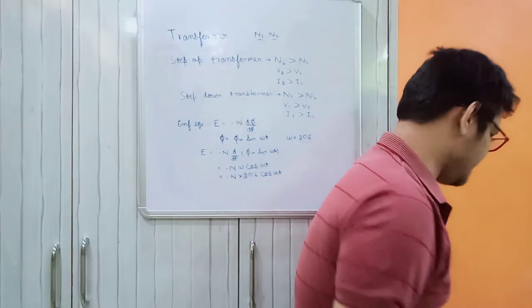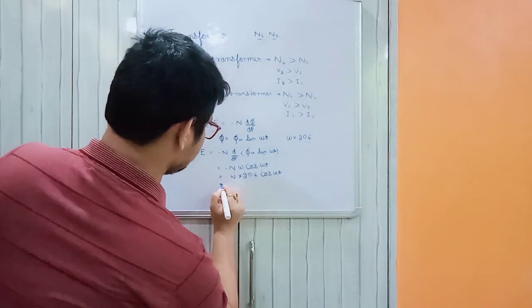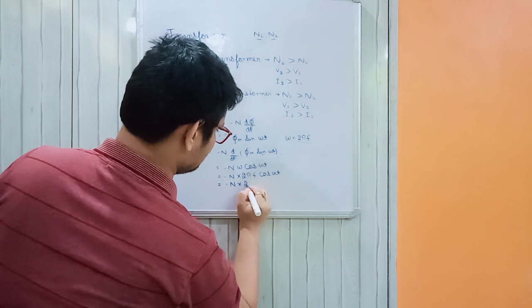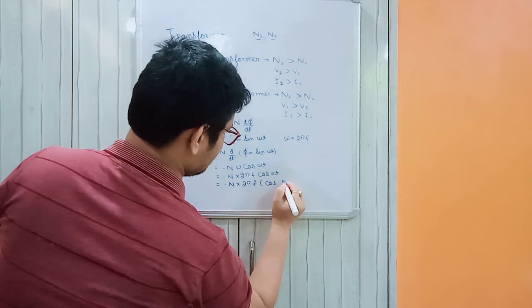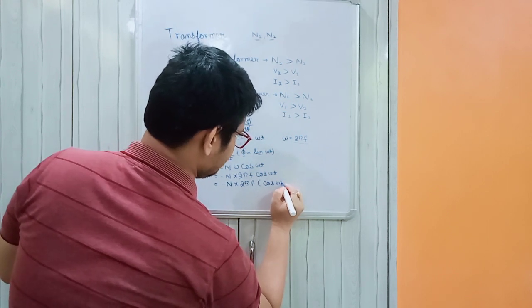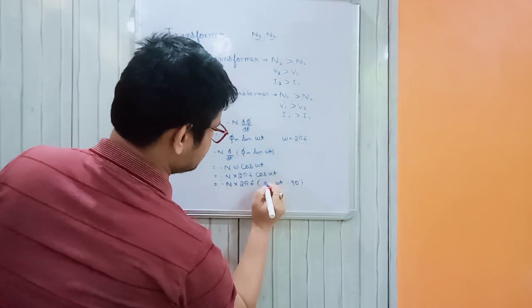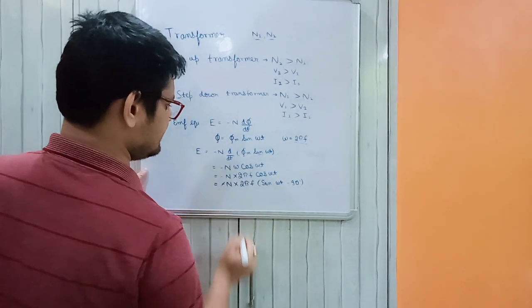Converting cos omega t, it will be sin of omega t minus 90 degrees, so the minus will be cancelled.